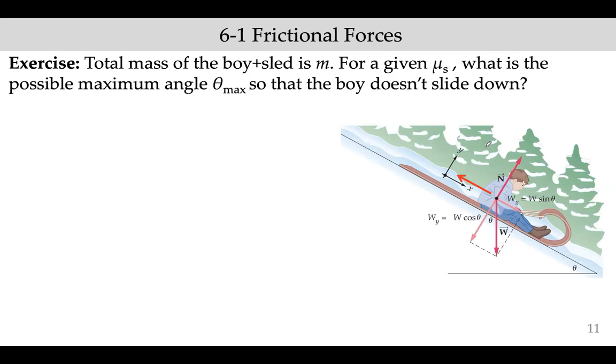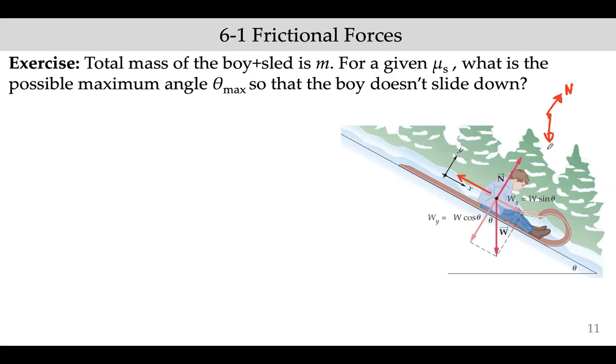Okay, the first thing is to do the free body diagram, right? So for the boy there is this normal force. Why do we have a normal force? Well, because there's a surface. When you have a surface, and if that object is on the surface, there's a normal force. And you will see that it's not going to be mg, it's going to be something different.